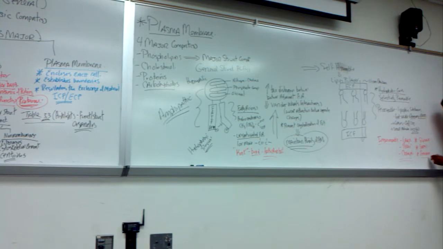And we know that we have to get glucose into the cell. Ions have to be able to move into and out of the cell. And because we're saying they're impermeable to the plasma membrane, how can we get this essential material into the cell? Exactly.